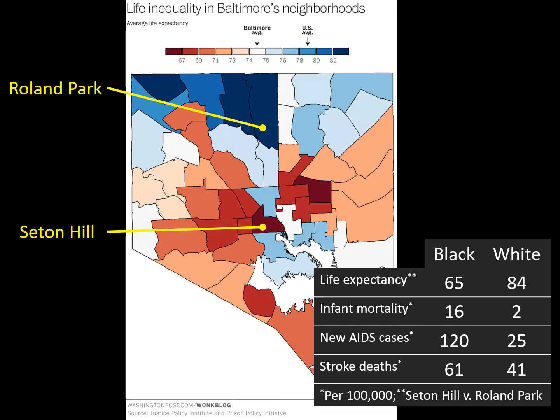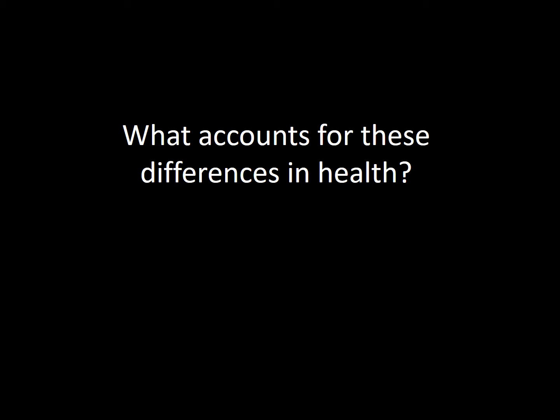This is the number of babies who die before their first birthday. 2 versus 16. There are also demographic differences in the number of new AIDS cases and the number of stroke deaths. So the big question today is, what accounts for these differences in health?